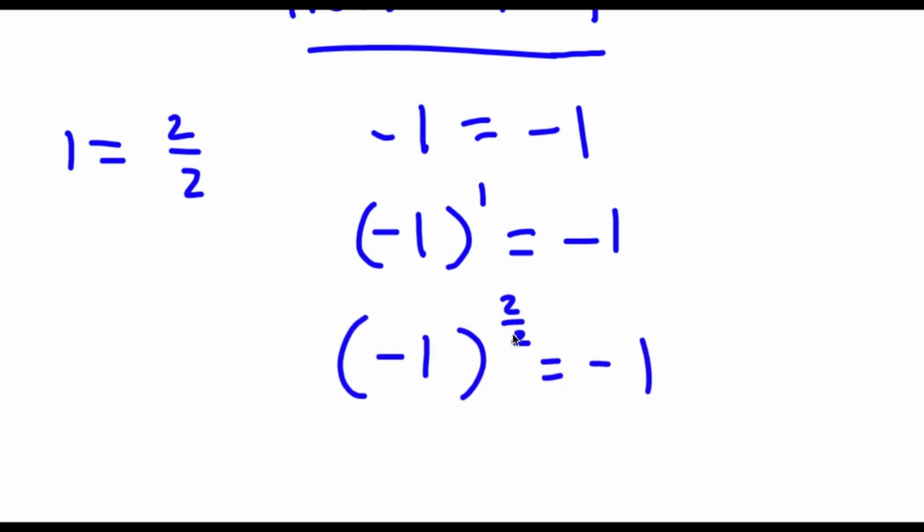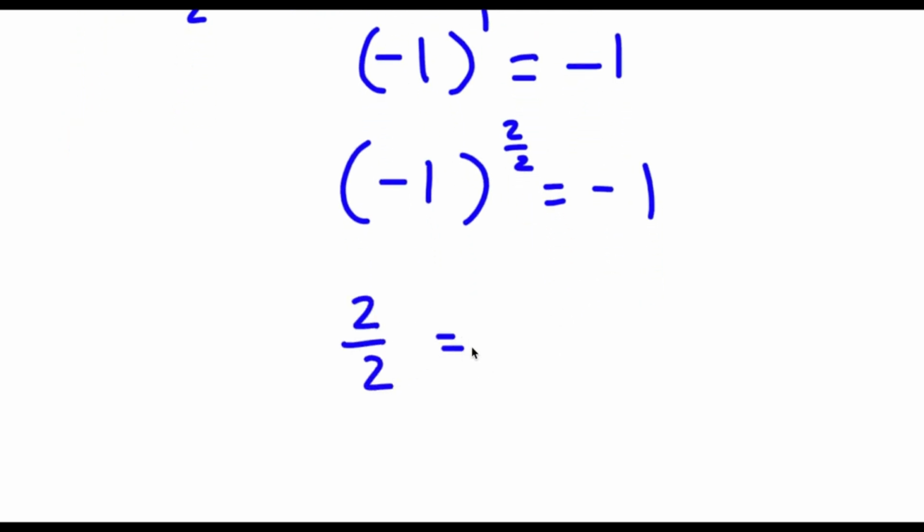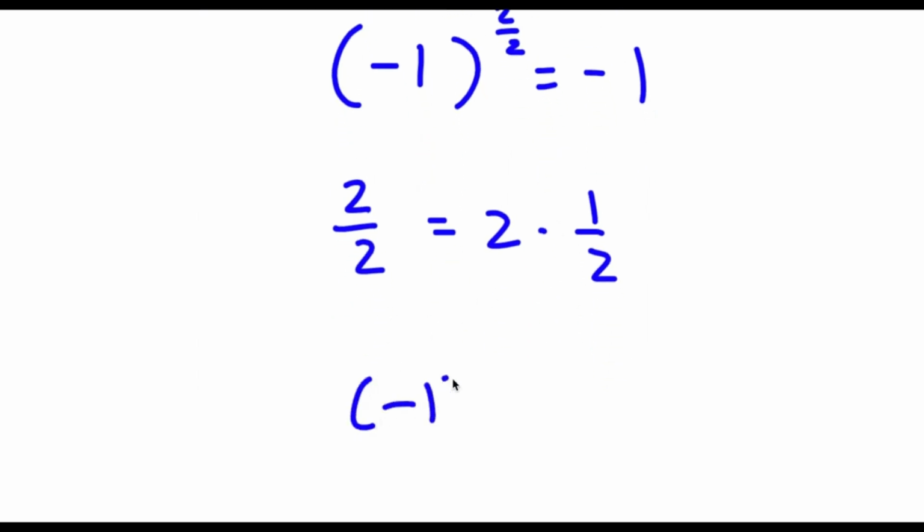And 2 over 2 again is 1, so it's the same thing as negative 1 to the power of 1. Now 2 over 2 is the same thing as 2 times 1/2. So now if I replace 2 over 2 with 2 times 1/2, I get negative 1 to the power of 2 times 1/2 is equal to negative 1.